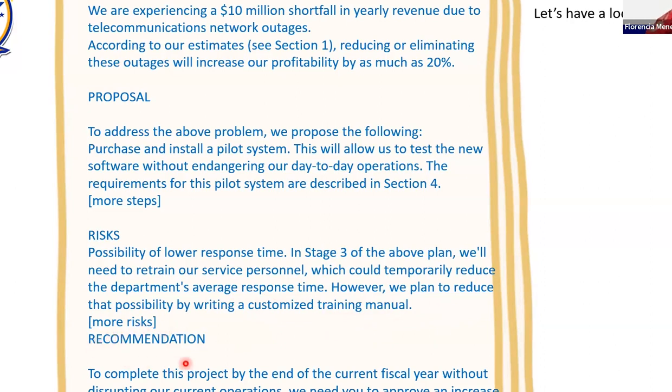And finally, the recommendation section. Here, we need to include, as I told you, in a very short way, when do we think we are going to finish this project. And if there is some budget needed, tell the amount. How much are we going to need?